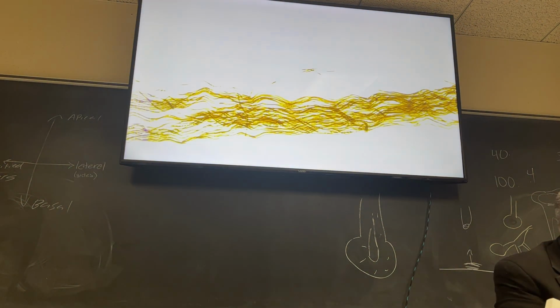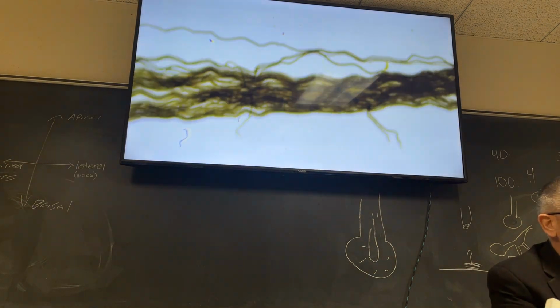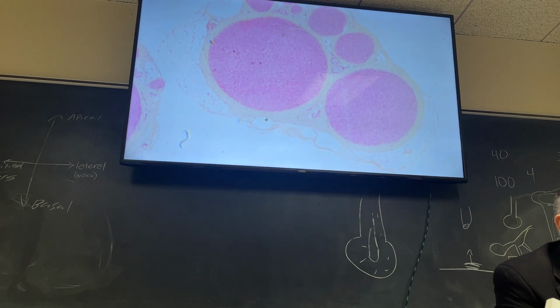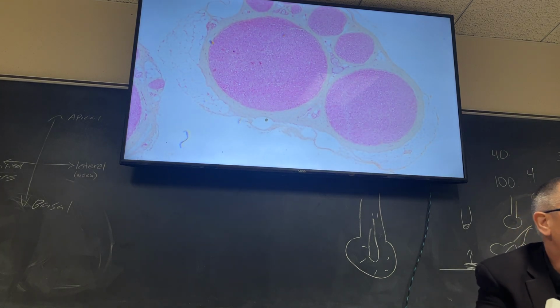Let's look at a nerve. The slide says nerve, mammal. So this is a crosscut nerve bundle.